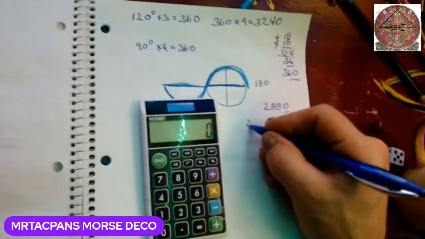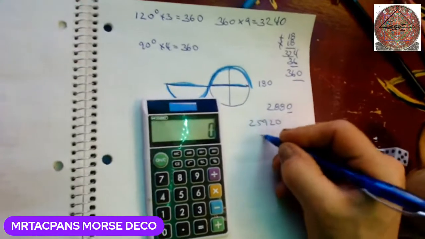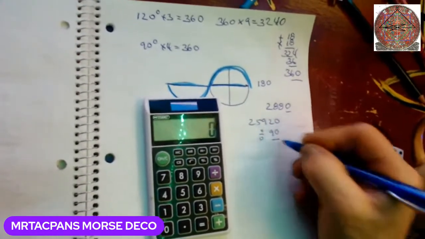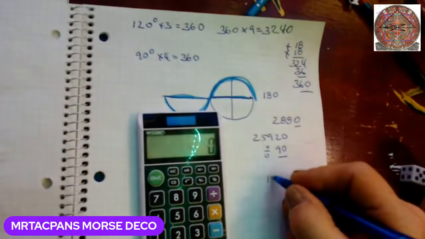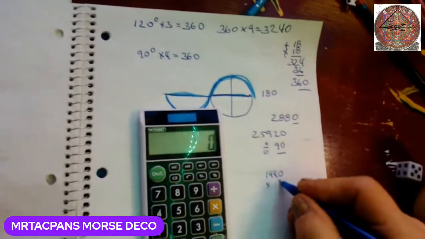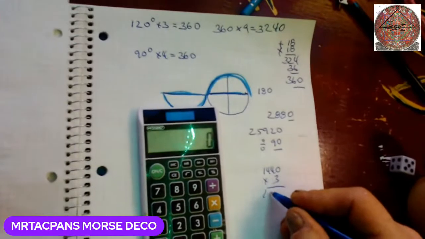So it's 25,920 divided by 90. But the full cycle is 1440 times 3.